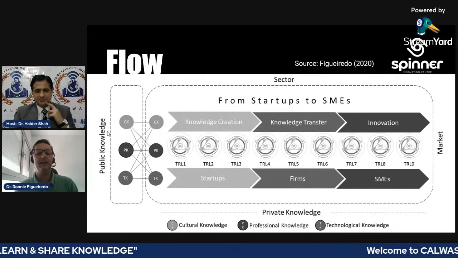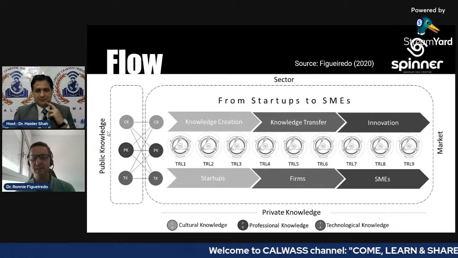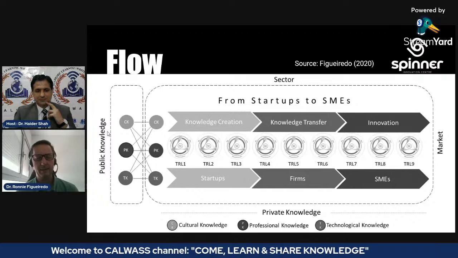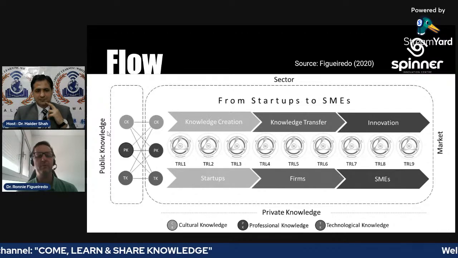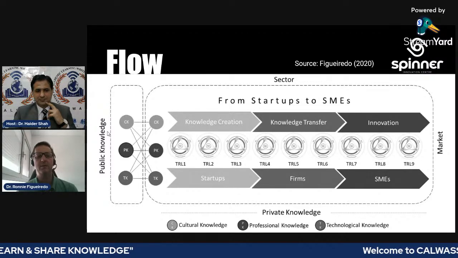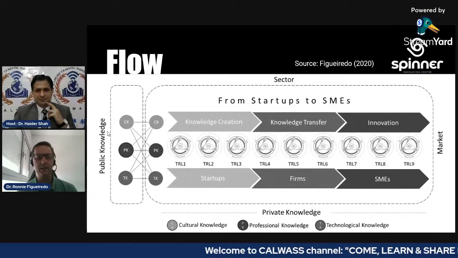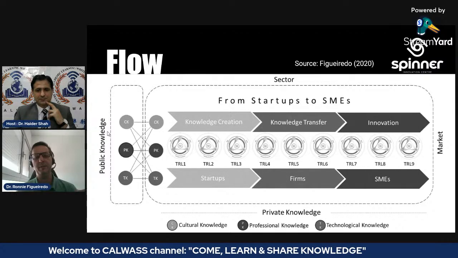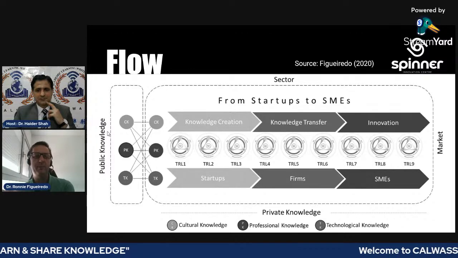Okay, so to explain, imagine I'm working only with startups, not firms and SMEs now. Then I will explain how you can combine the three options. The first option in my example now is only working with startups. So the four main variables of the model are knowledge creation, knowledge transfer, innovation, and between knowledge creation, knowledge transfer, and innovation, you have the knowledge intensive solutions that you are providing.